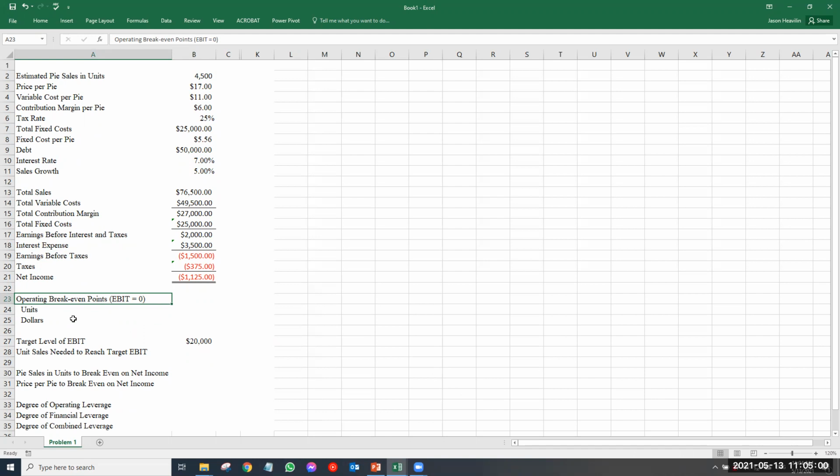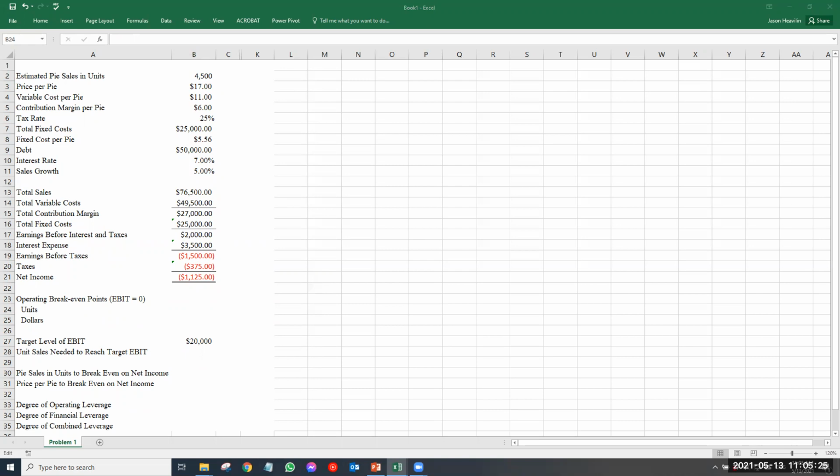So how do we calculate that? There are two numbers we can get: how many pies I have to sell based on that price, and then what my total sales need to look like so this number doesn't go negative and stays at 0 or positive. So let's see how we are going to do that.